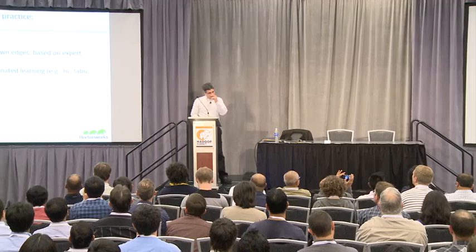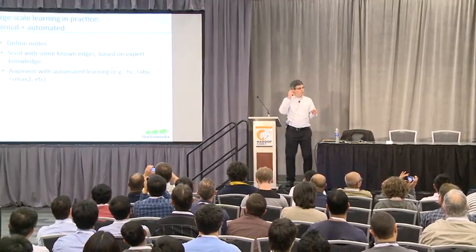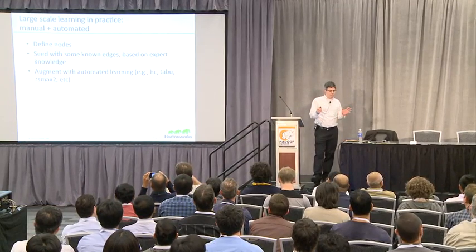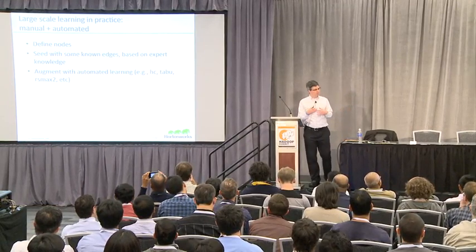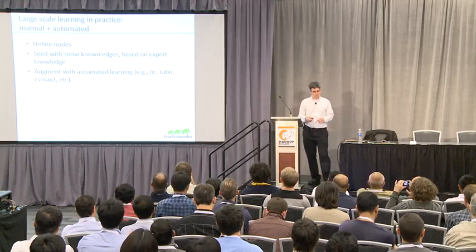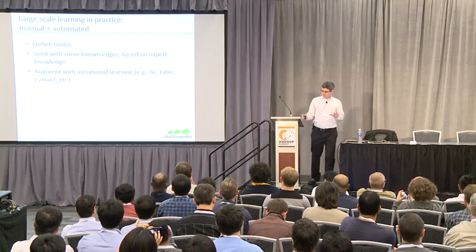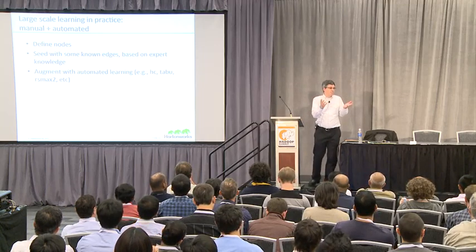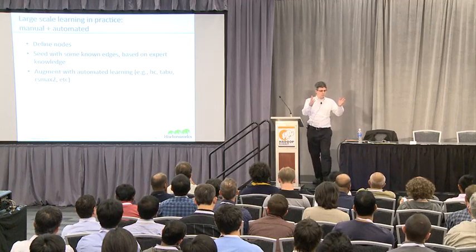I don't have enough time to go through learning at scale, but what I want to do is show you inference at scale. Learning at scale is not fully solved, in my opinion. There are some solutions to that, and I'm happy to talk to you afterwards if you're interested. But generally, the technique that I use mostly, and the steps you go through, are the same steps. You define the nodes.